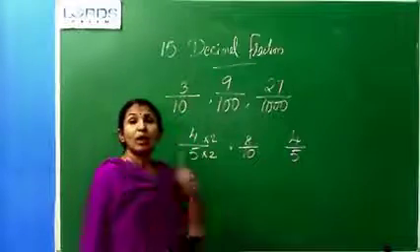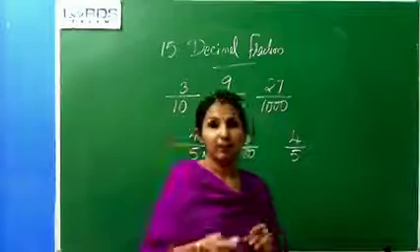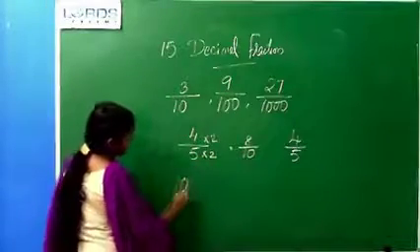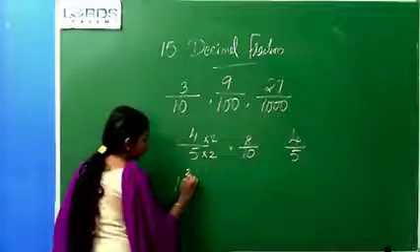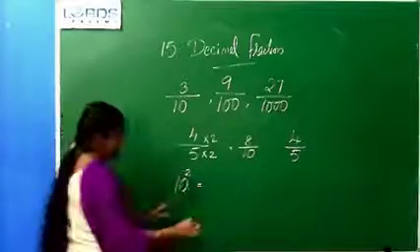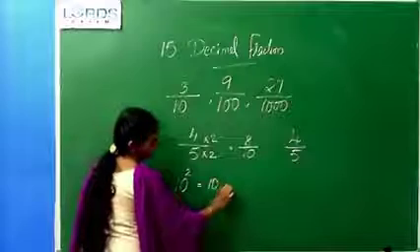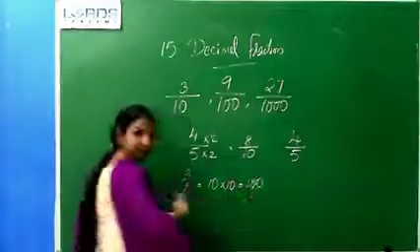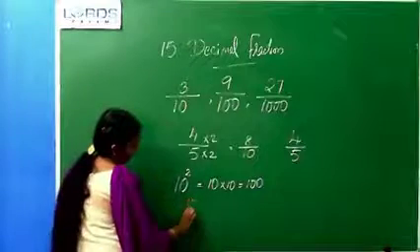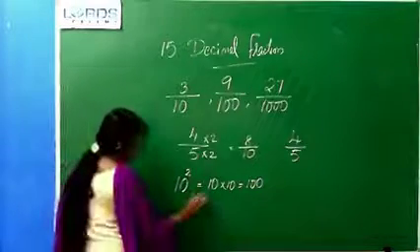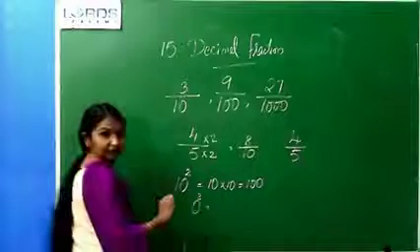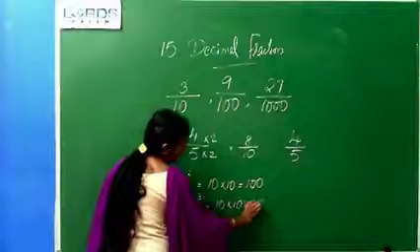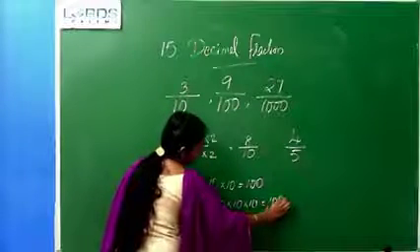So I told you about the power of 10. What is meant by power of 10? Power of 10 means if 10's power is 2, 10 should be multiplied 2 times. That means it is 100. 10 to the power 3, 10 should be multiplied 3 times, means 1000.